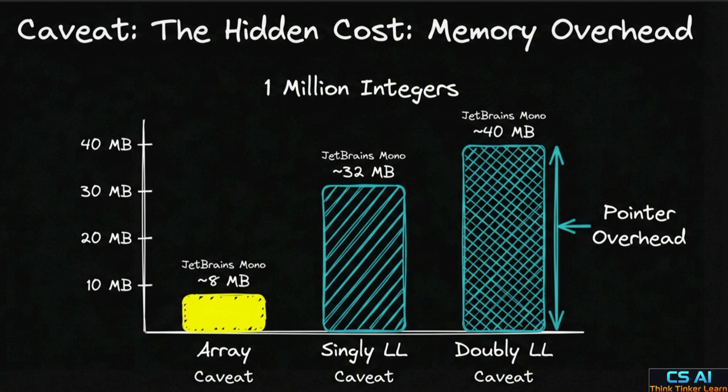A doubly linked list uses even more, around 40 MB, due to having two pointers per node. This clearly illustrates that while linked lists offer flexibility, they come with a substantial memory cost, especially for small data types where the pointer size can dwarf the data size.